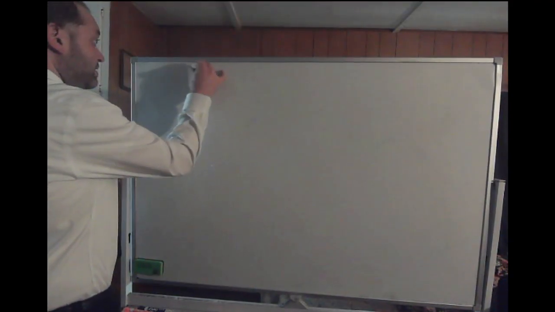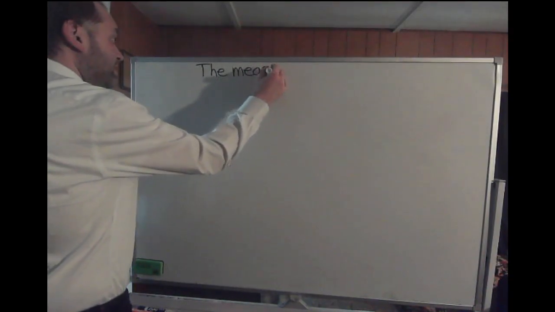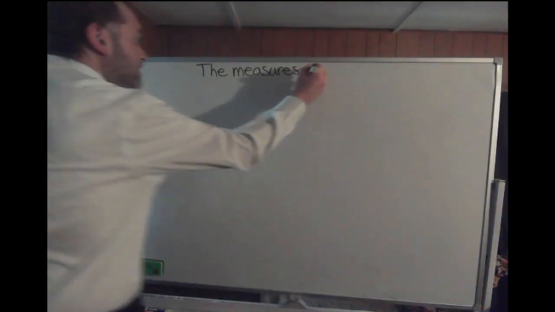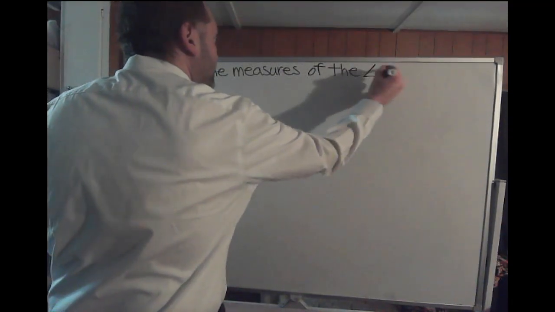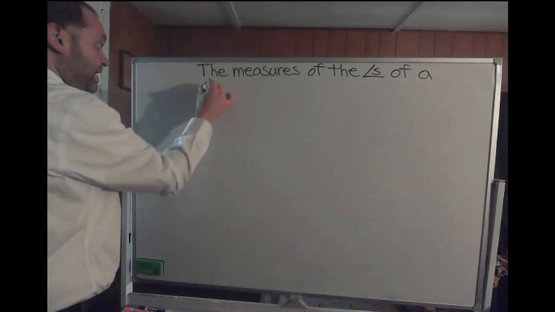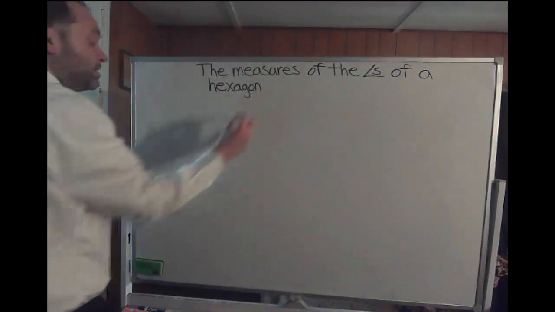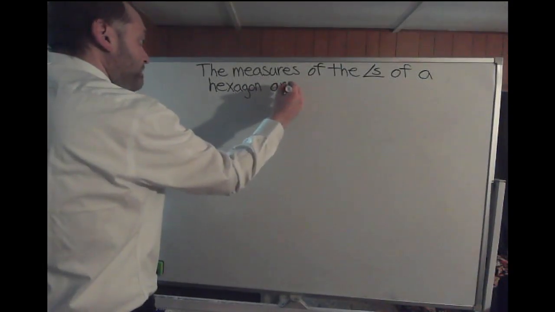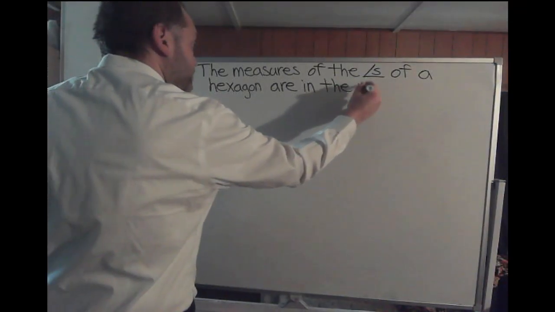The measures of the angles of a hexagon are in the ratio.